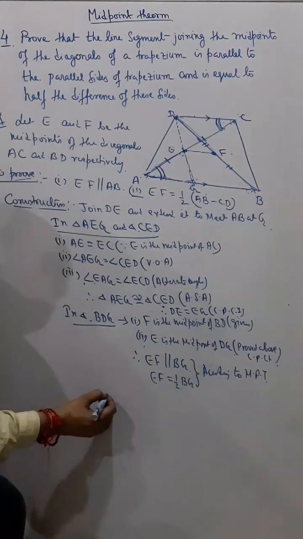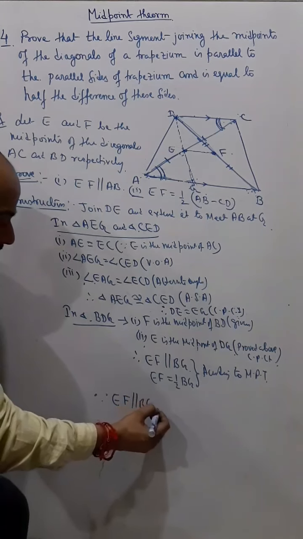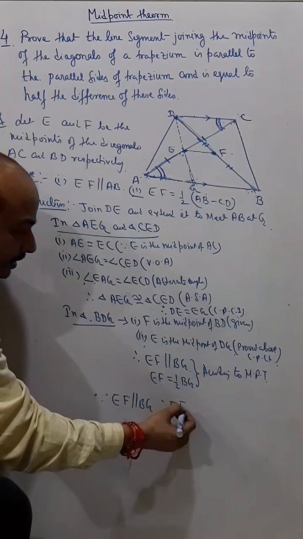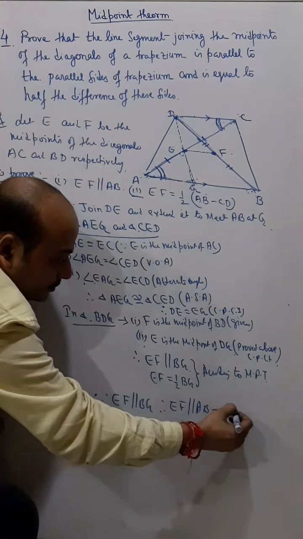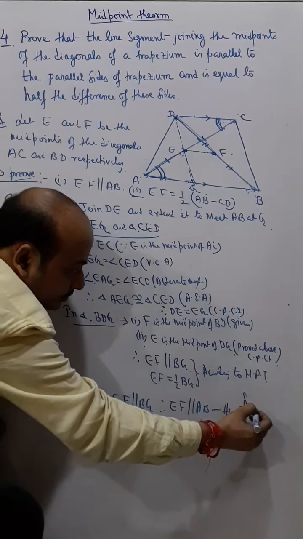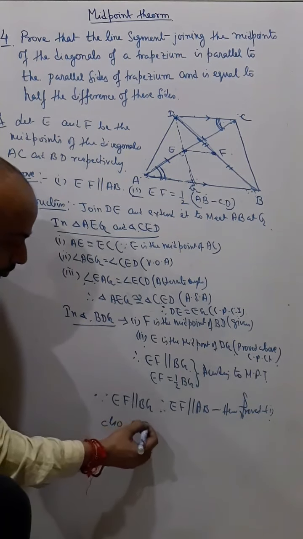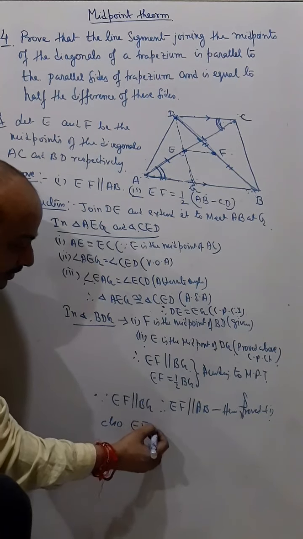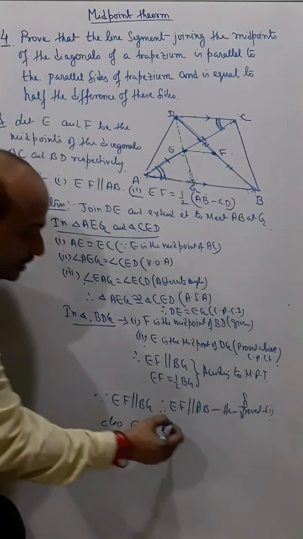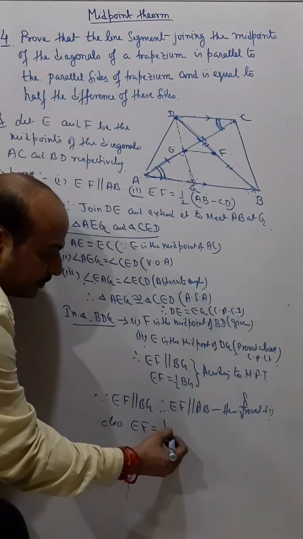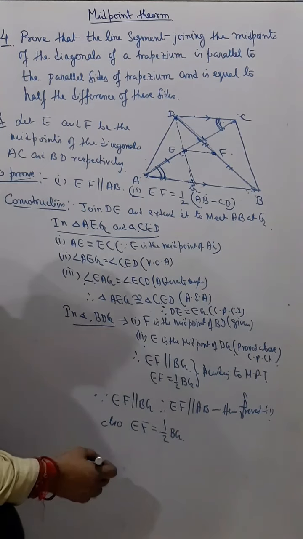Now since EF is parallel to BG, therefore EF is parallel to AB. So that is hence proved. That is part 1. And also we have seen EF is equal to half of BG.